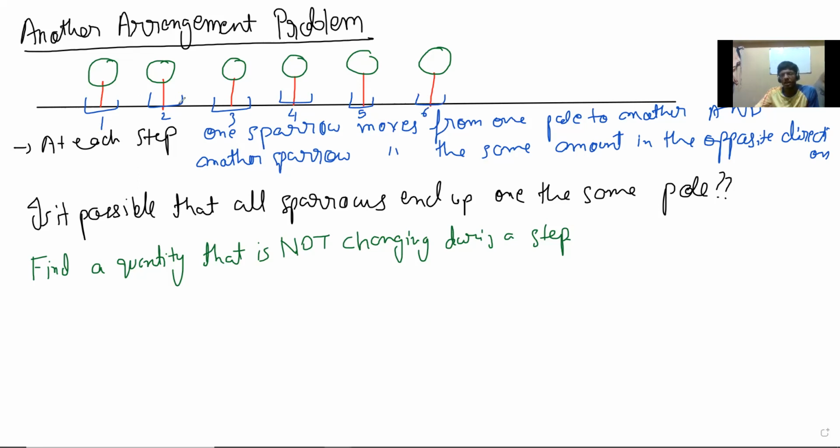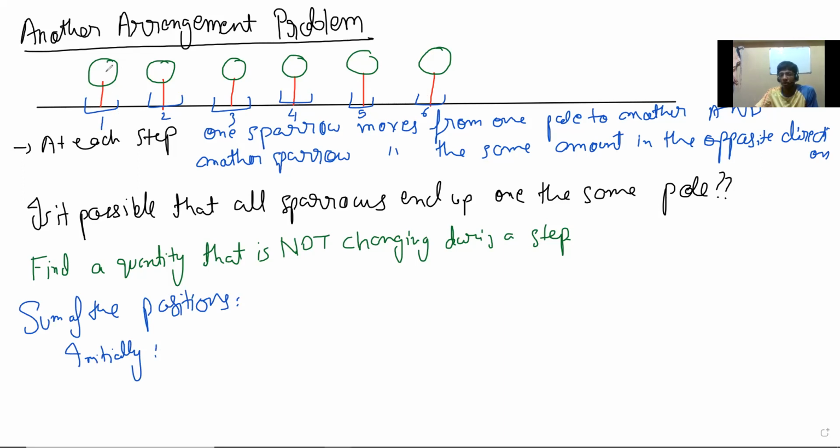Now the point is that at each step, no, what I'm saying is that you take the sparrow that is in the first, so sum of the positions, sum of the ranks of positions. What is it initially? Initially, in position 1 there is a sparrow.